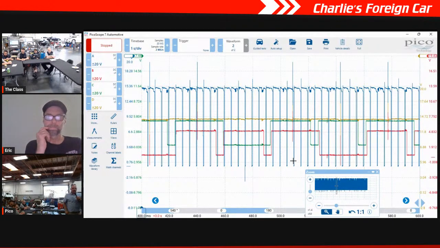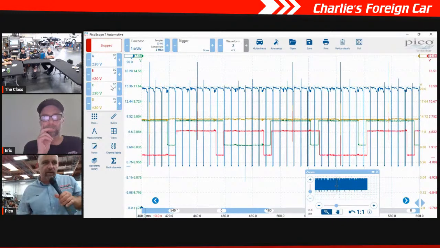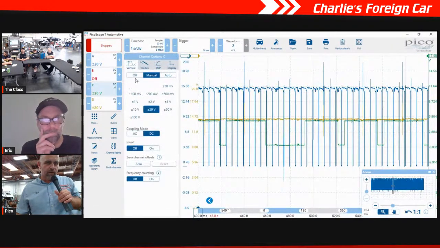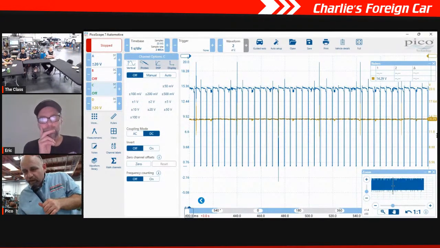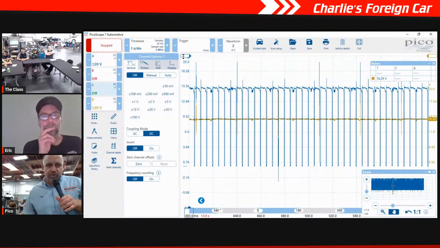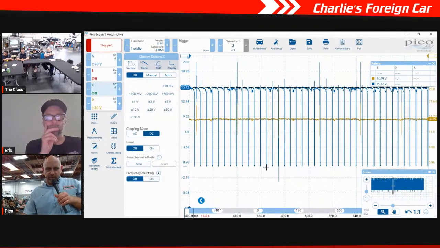The yellow line is also the other side of it. Let's get rid of the red and the green. The yellow line's sitting at charging voltage. And then the same thing with the blue line, but it keeps on getting grounded with this frequency down here.